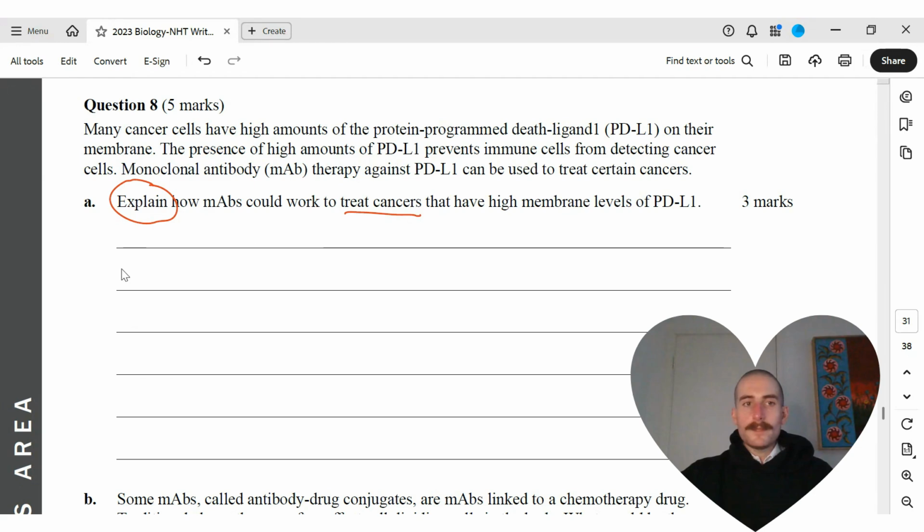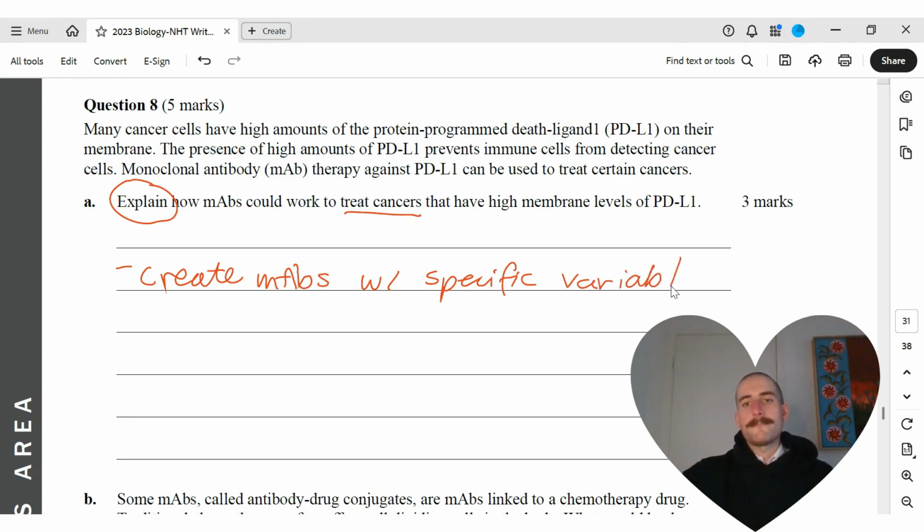So the first point here is hopefully we're aware that antibodies are really specific. So we want to probably mention here something about creating mAbs, monoclonal antibodies, with a specific variable region, so the binding site, and it's going to be nice to use words like complementary.